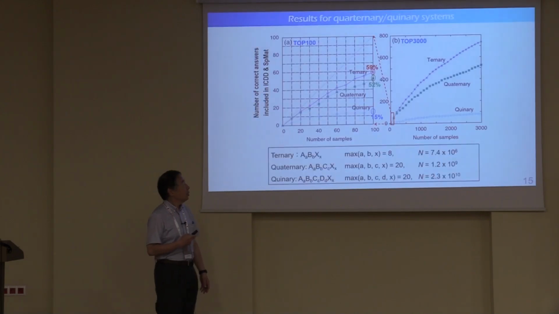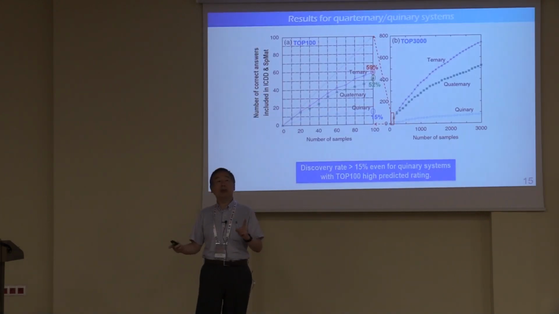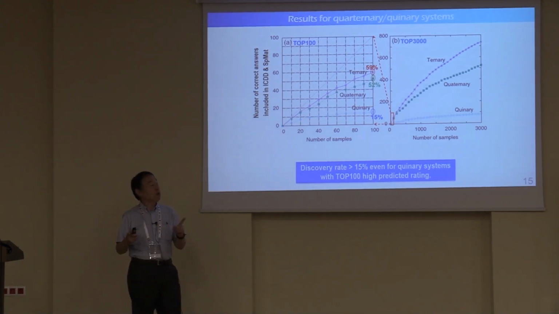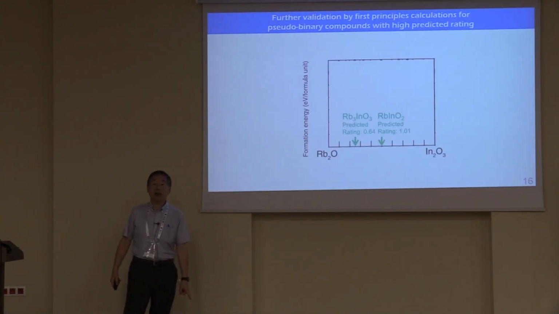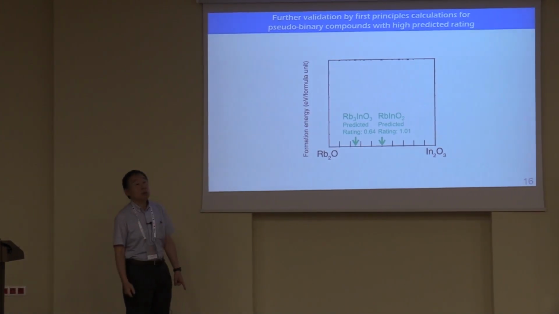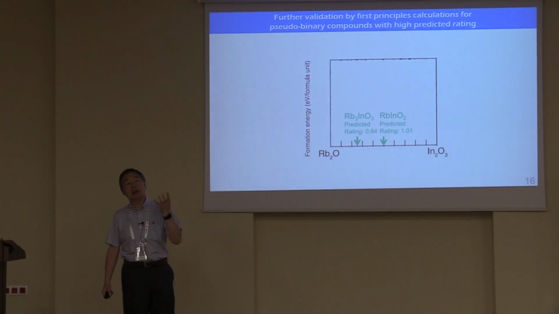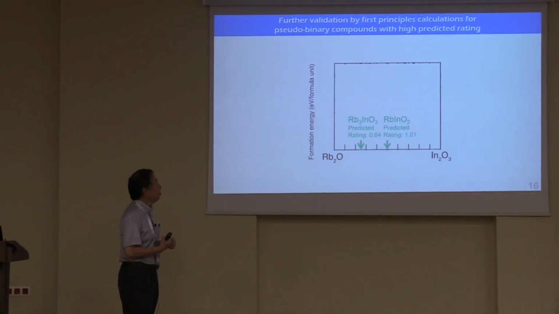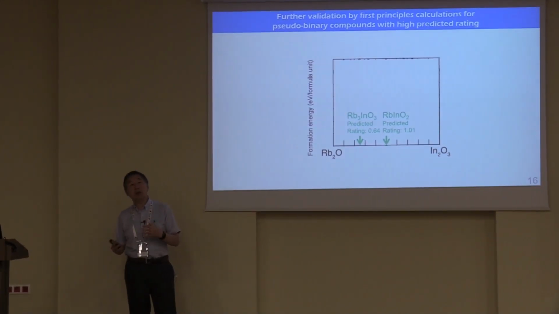But the other way, one way is to do a systematic experiment, but to perform millions or billions of experiments is not practical. So instead, we use first principles calculation to examine whether they are thermodynamically stable or not. Because for us, the first principles calculation is a kind of routine.